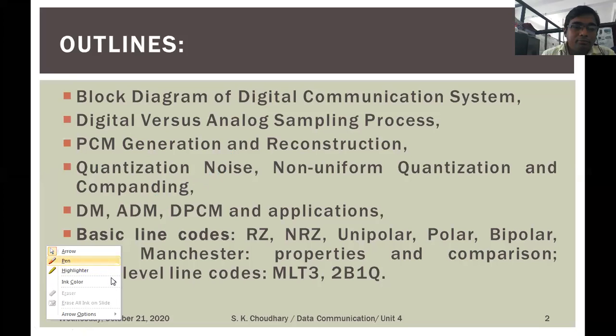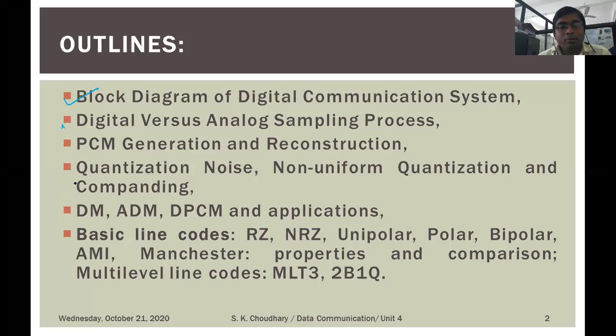The topics are like block diagram of digital communication system, digital versus analog, sampling process. You have already learned the sampling process in analog communication. Again, we have to just revisit the concepts. Then PCM generation, pulse code modulation generation and reconstruction, quantization noise. These all I think you have already covered in the analog.